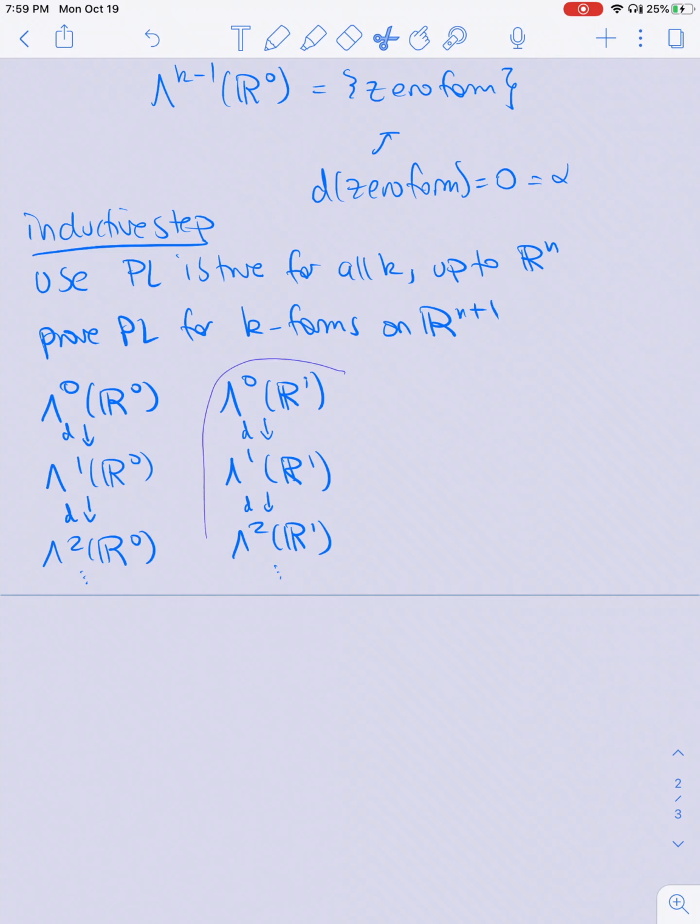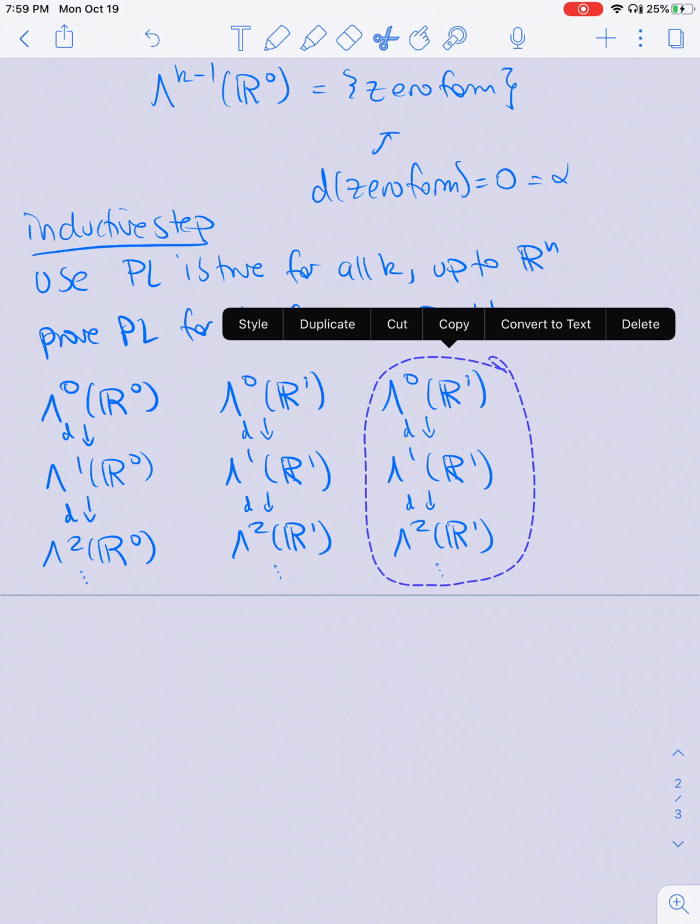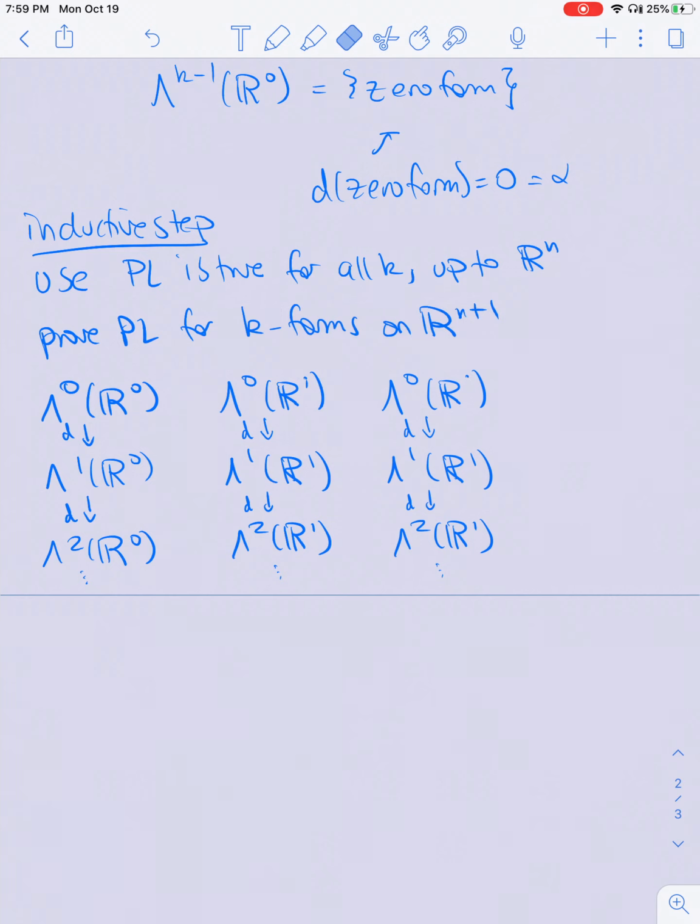And I can include columns for R2, R3, etc., but I'll just draw the column for R2 and let you imagine the rest. The point is the inductive step is going to use the proof for the same k but 1 less n. I'll denote it with a red arrow. So the inductive step is going to prove in this direction.